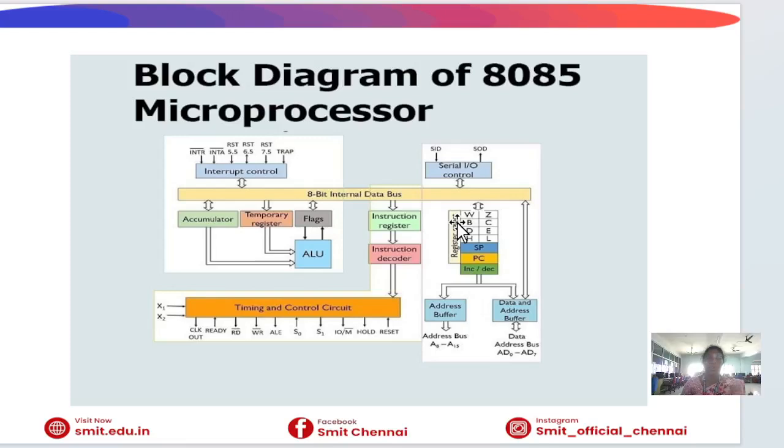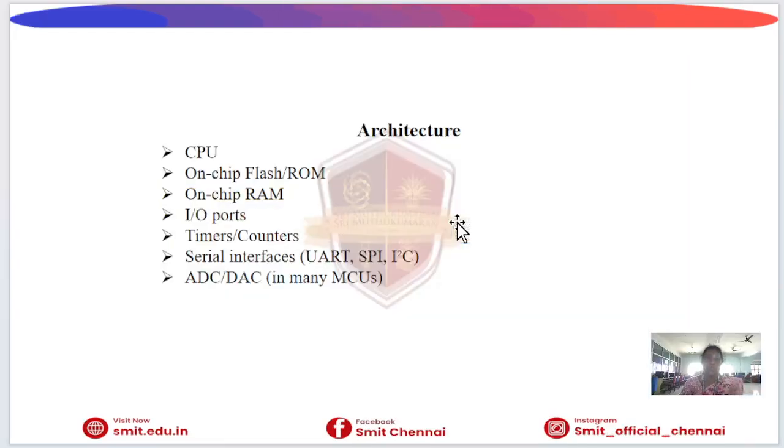This is the block diagram of the microprocessor, and the architecture means the components. The CPU processes instructions. On-chip flash ROM stores the program permanently, and on-chip RAM stores temporary data during execution. The input-output ports connect to sensors, switches, and displays. Timers and counters measure time and count events.